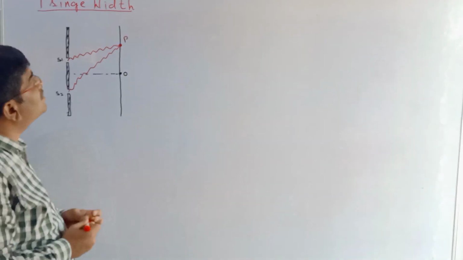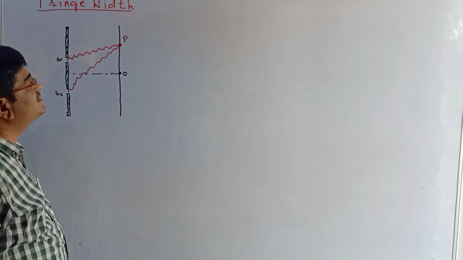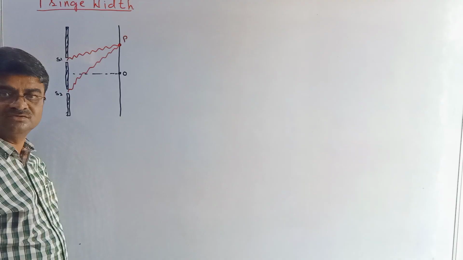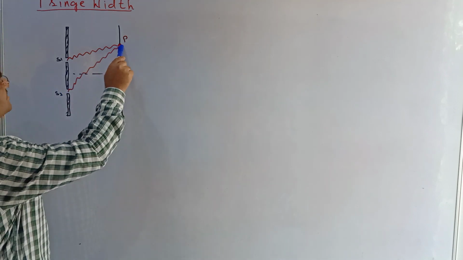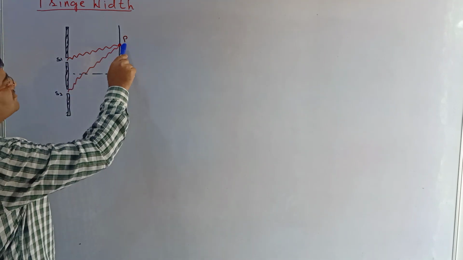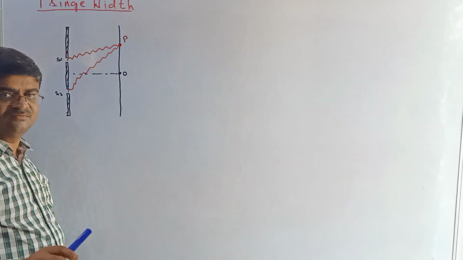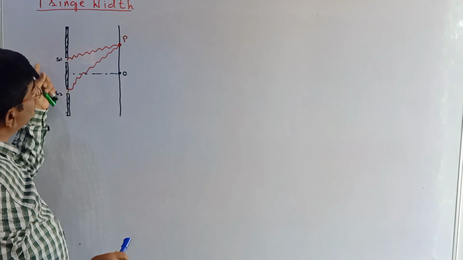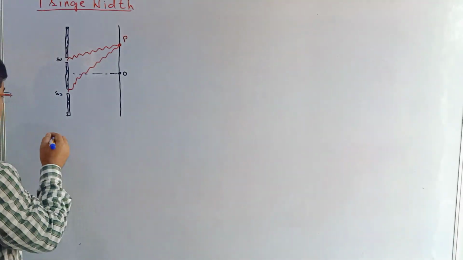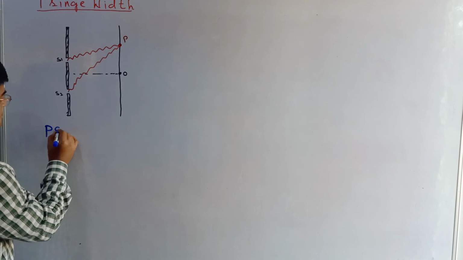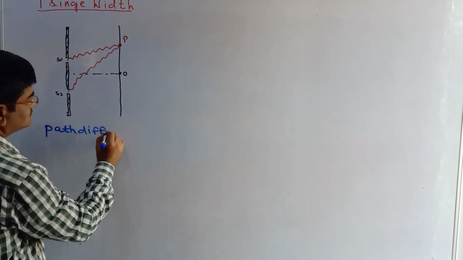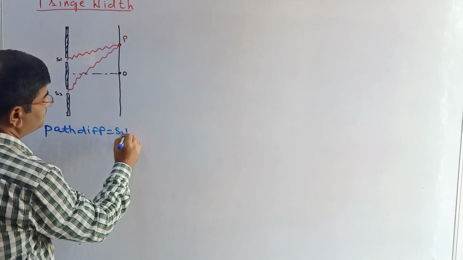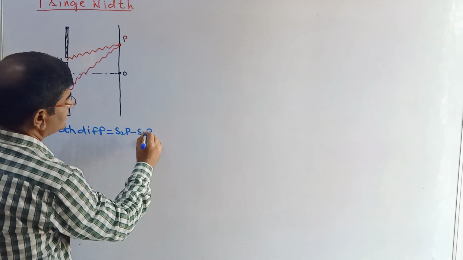You have worked out the path difference between these two superposing waves, the path travelled by this wave and the path travelled by this wave, by referring to the geometry. So the path difference here is S2P minus S1P.